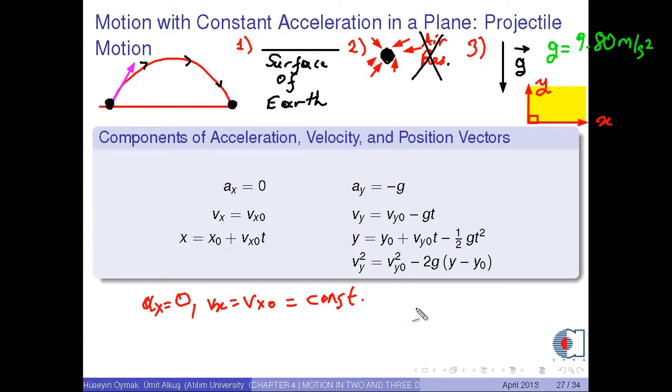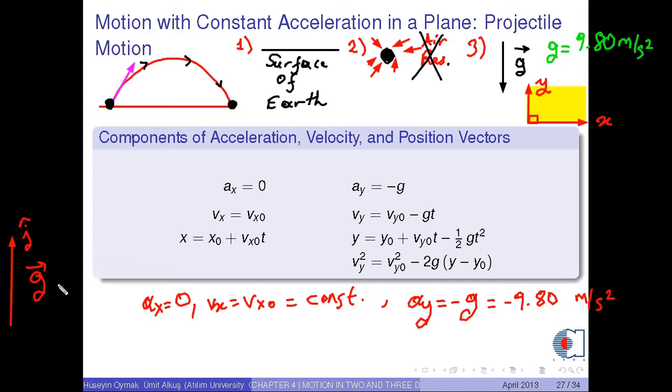It is convenient to write it as Ay equals minus g equals minus 9.80 meters per second squared. It might be useful for a diligent student to note that the projectile's acceleration can also be written in the vector form as vector A equals g times minus j hat, equals minus g j hat.